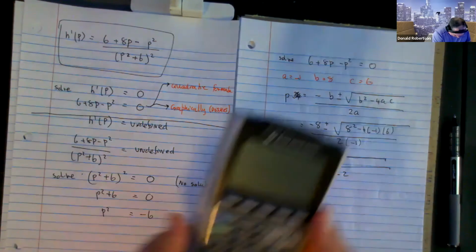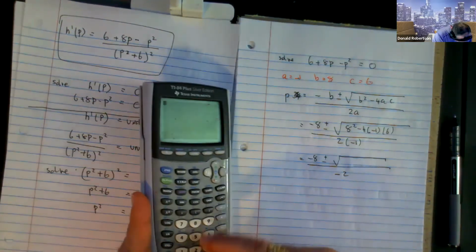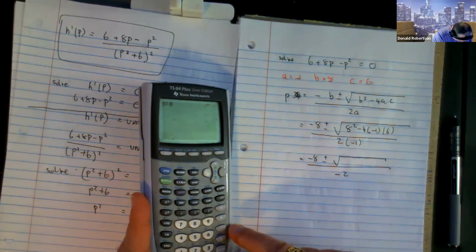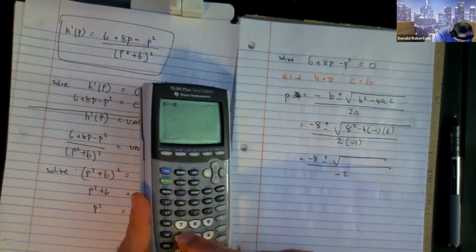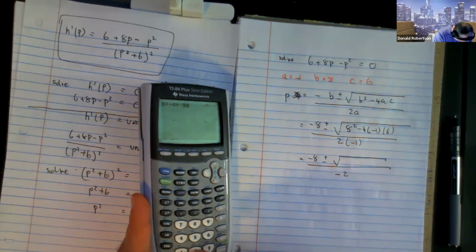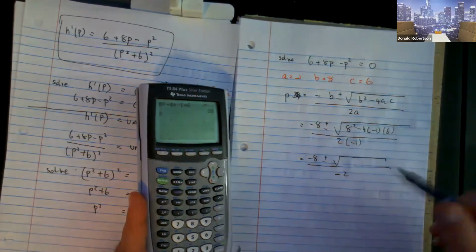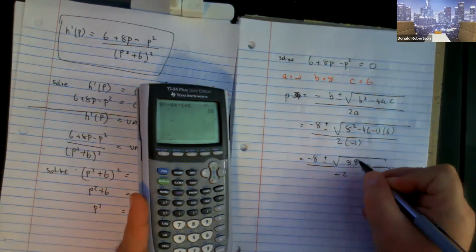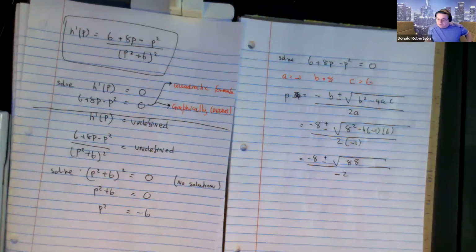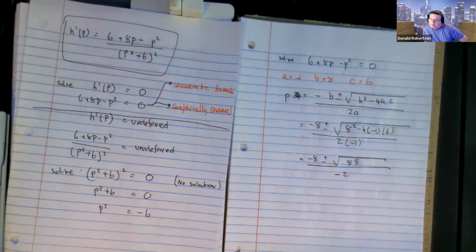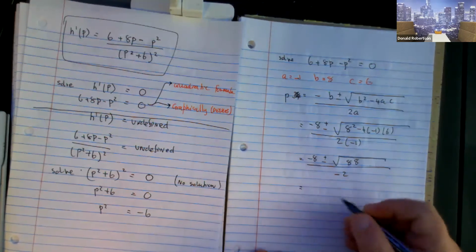Calculator for this fella. So if I do 8 squared, take away 4 times -1 times 6, I get the answer 88. So far, so good. I do not like the quadratic formula, but we're going to live with it. Now we need to make this answer as nice as possible.